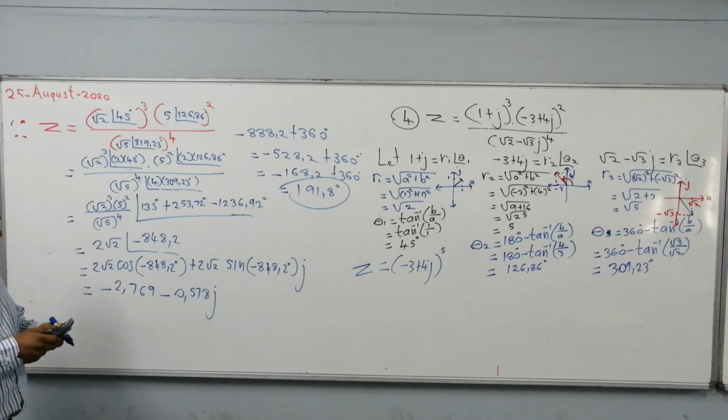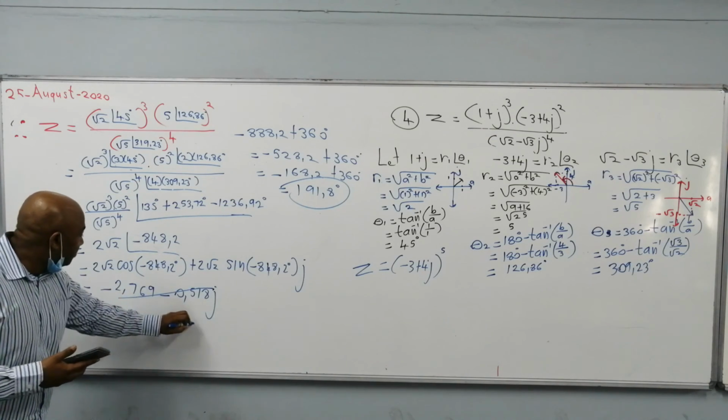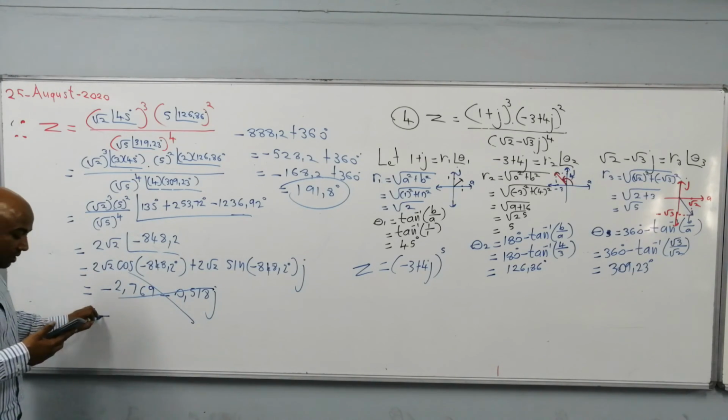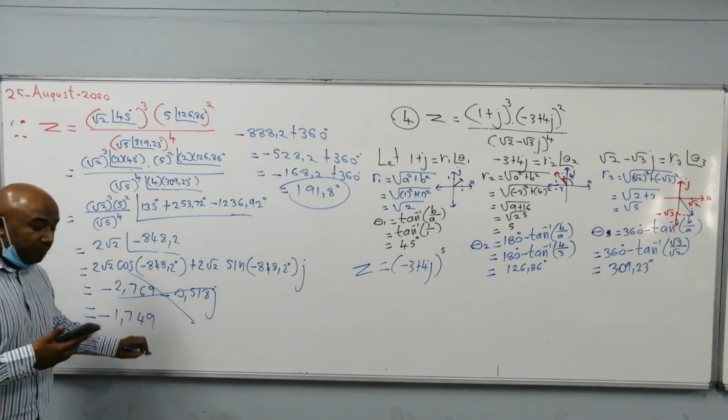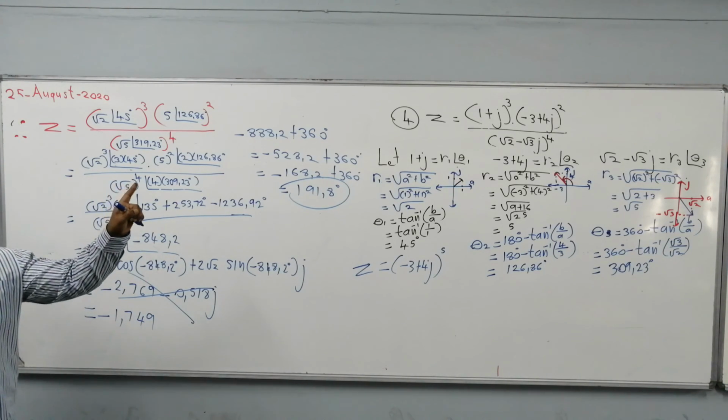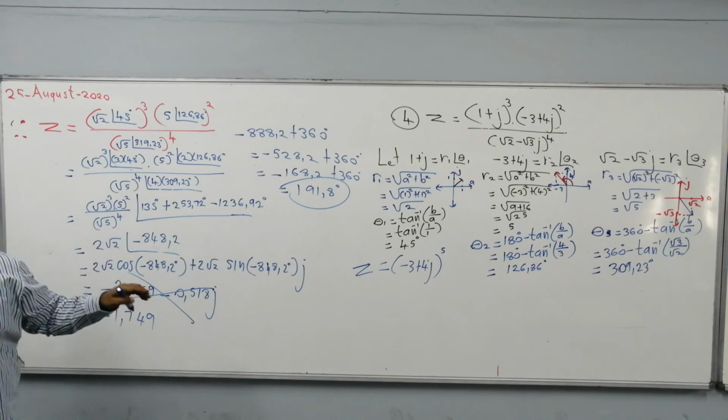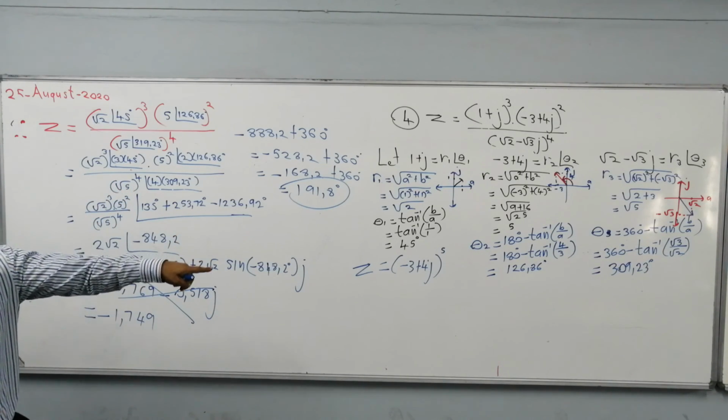So that's 2 root 2 cos of minus 848.2. Now I'm getting minus 1.749. It won't be 100% according to what we worked out on the calculator, but it's very close because of our rounding off.